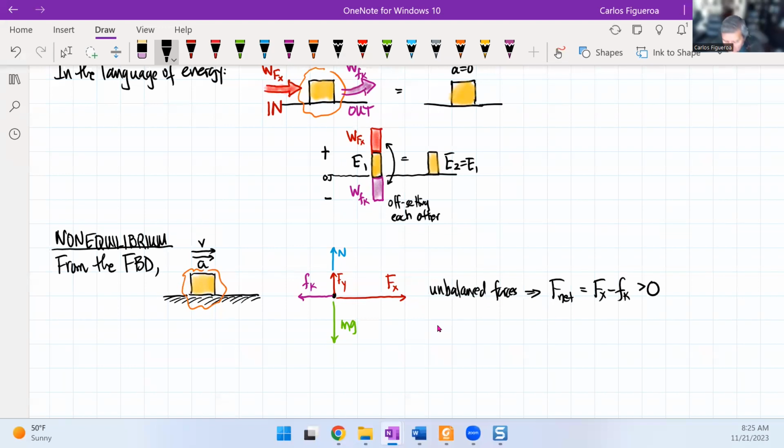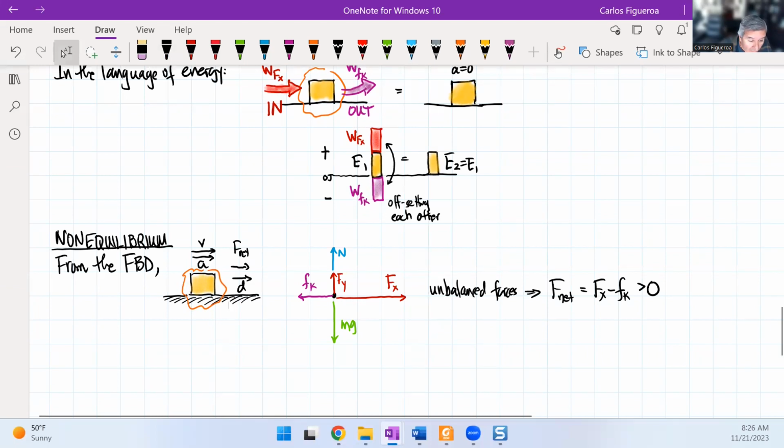This will be a positive net force. So in other words, I have a net force, which we already knew, and I have a displacement. So what is the language of work here, or energy? What does the language of work and energy mean?